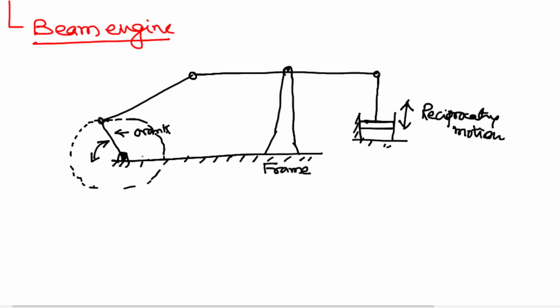So crank, frame, this is link 1, this is link 2, this is link 3, and this is link 4. Link 4 is lever, link 3 is coupler, and link 1 is frame. The crank rotates about a fixed center and the lever oscillates about vertical direction.